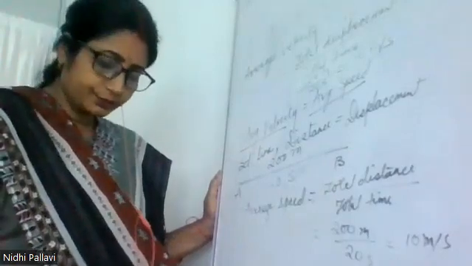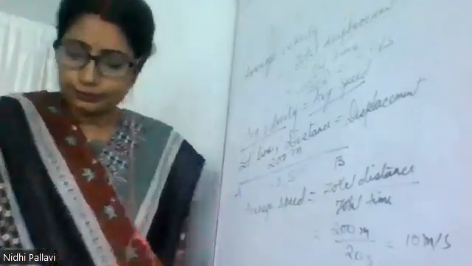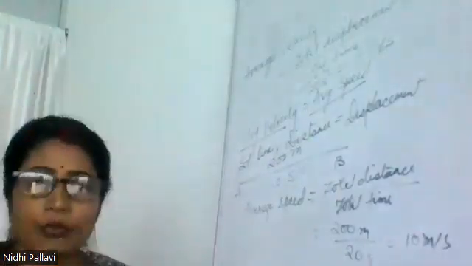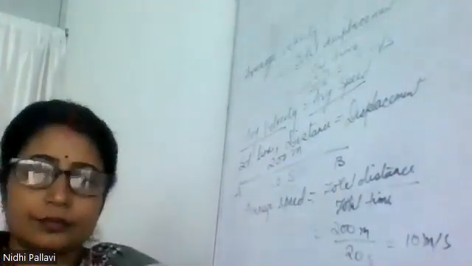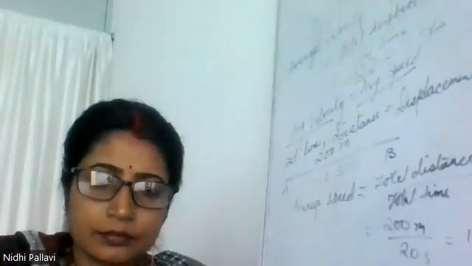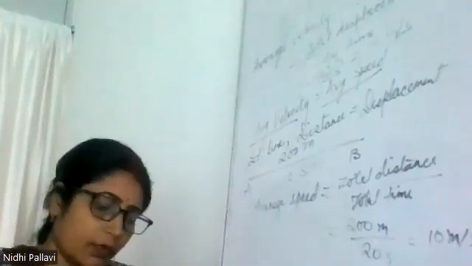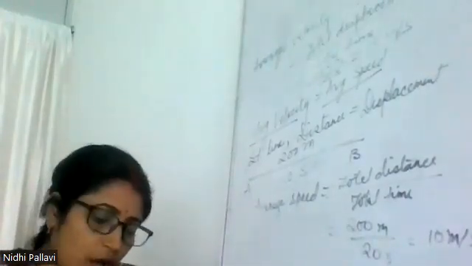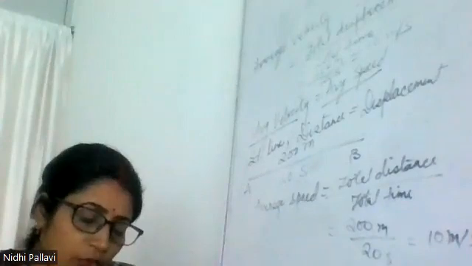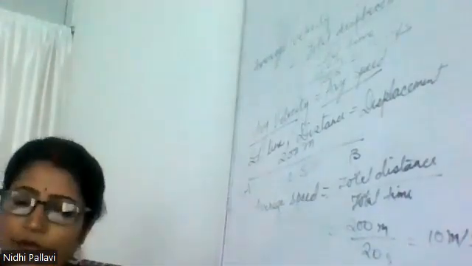Next question. Are you able to see the board? Tell me first. The question is: what does the path of an object look like when it is in uniform motion?